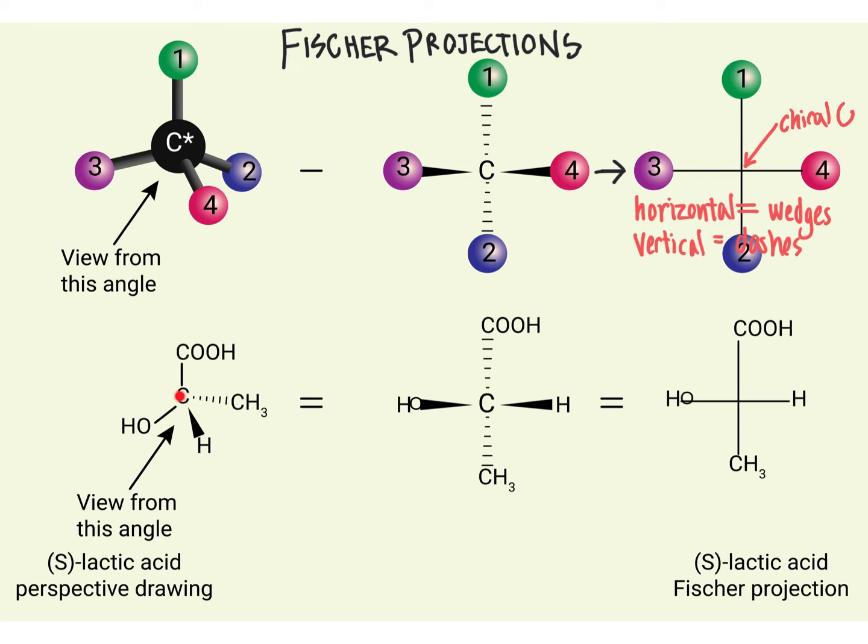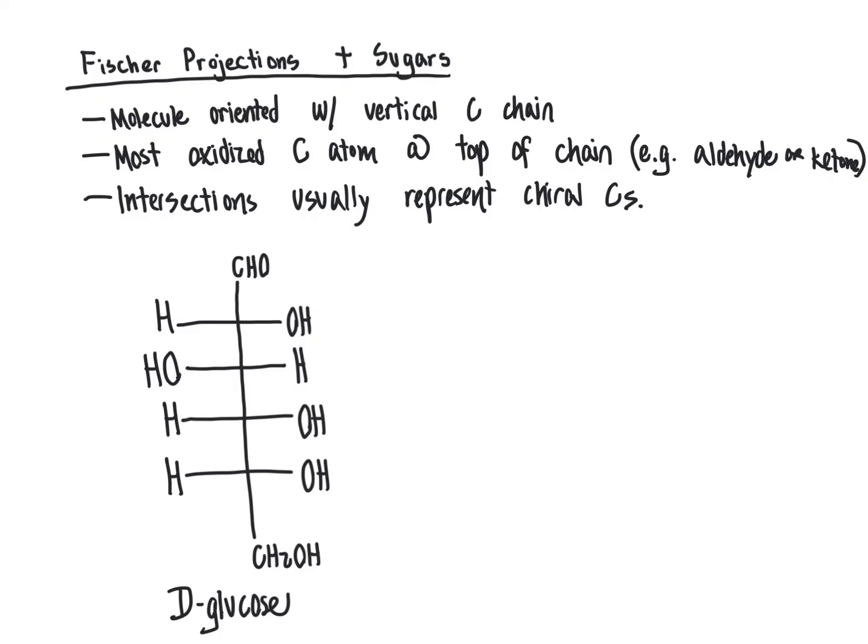Following the longest carbon chain, we put this CH3 down here on a dash, and then the H and the OH are represented here and here. Now, to simplify that out as a Fischer projection, we come over to here, and we've drawn everything as simply straight lines, where these wedges are defined as straight horizontal lines, vertical are defined as dashes.